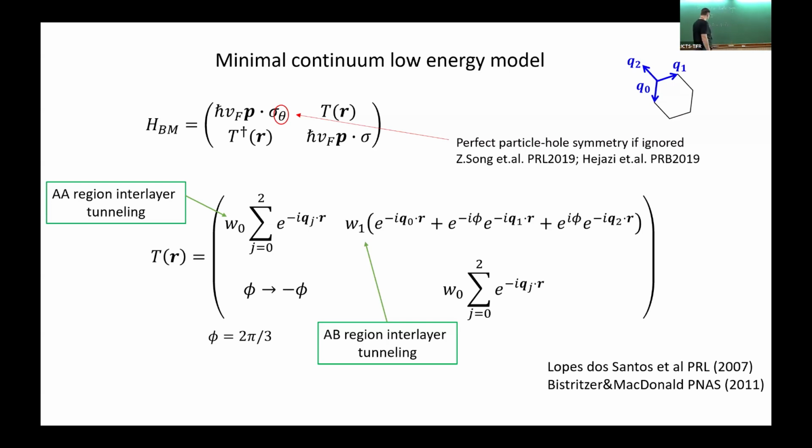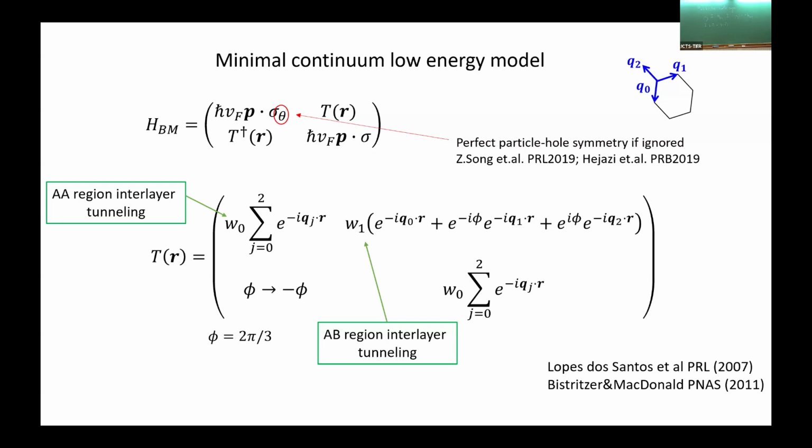Okay? So you can check that if you try to apply that to this Hamiltonian, and you ignore this rotation of the Pauli matrix, the entire Hamiltonian will stay in the same valley, but it will reverse its sign. So if you then apply this transformation on HBM, this will become minus HBM, modulo this tiny little term theta.